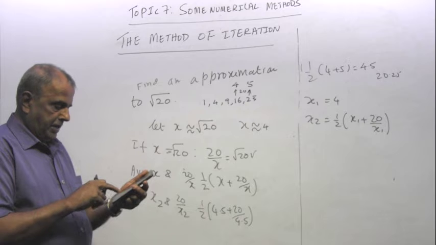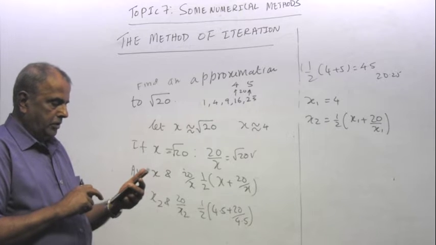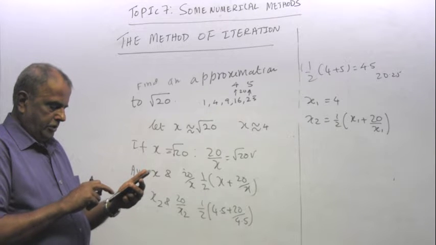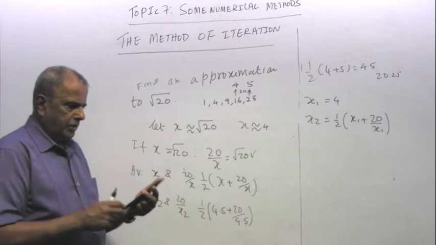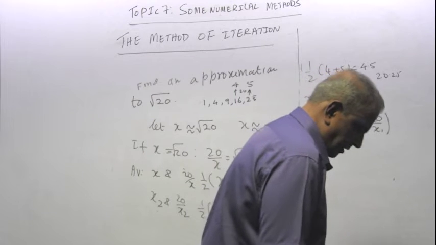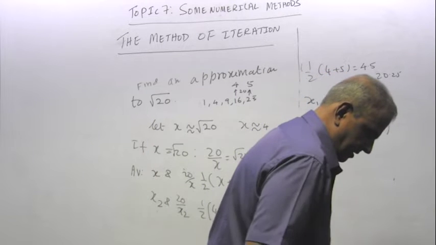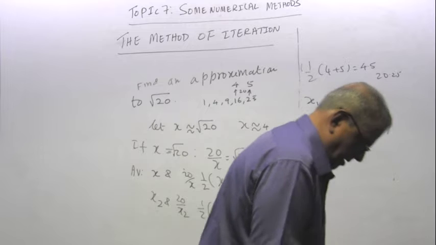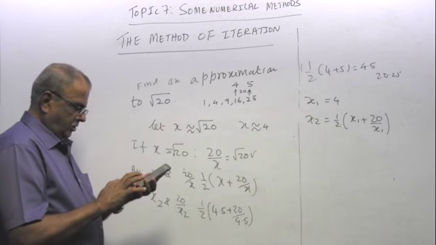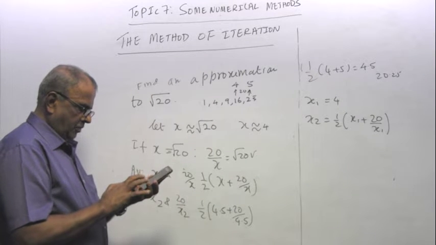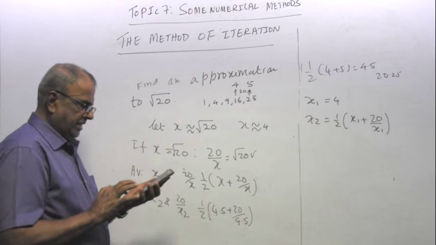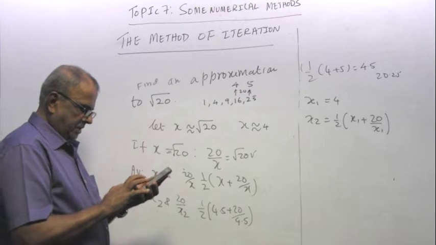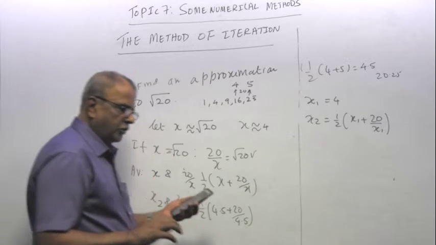I'm not wearing my glasses. 20 divided by 4.5 is that, plus 4.5 is that, divided by 2 is 4.472.